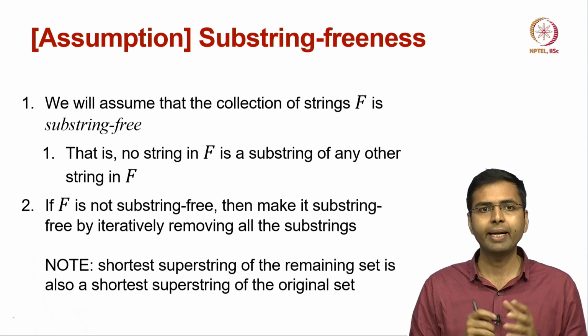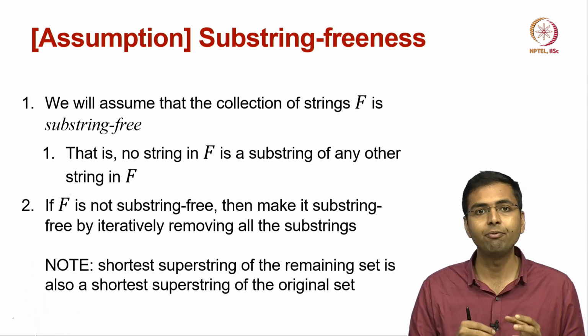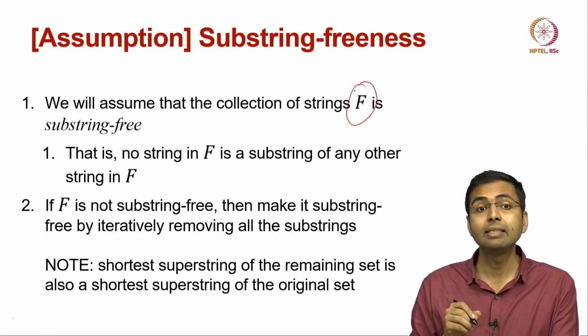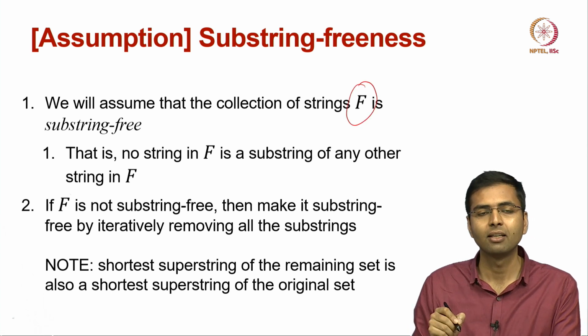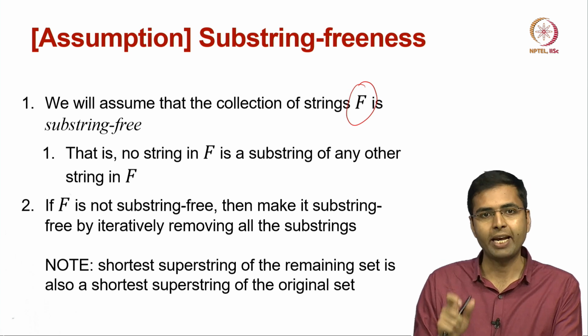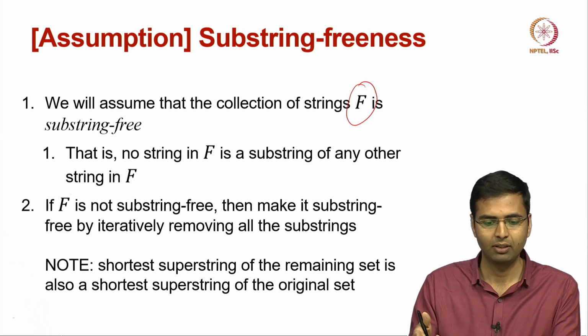First of all, we will make an assumption that the collection of strings I have been given, that is set f, is substring free. That is, no string in f is a substring of any other string in f.